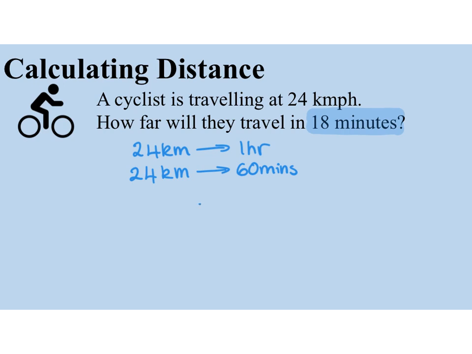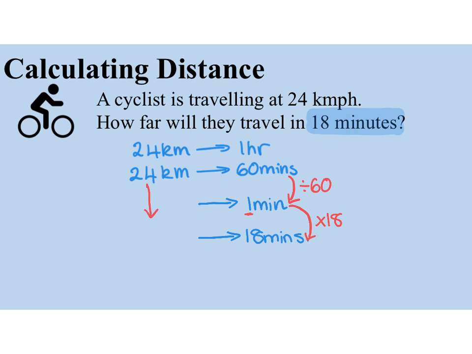So I'm going to turn my 60 minutes into 1 minute, and then turn my 1 minute into 18 minutes. Again, 60 shared by itself makes the 1, and then to turn the 1 into 18, I'm going to multiply by 18.